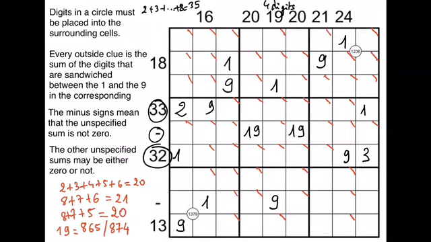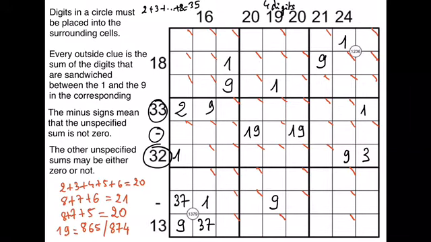What can we do next? So these two cells must be 3 and 7 in some order. Now this 13 clue needs a 1 somewhere here or there, but it has to be 3 digits or 2 digits or 4 digits.